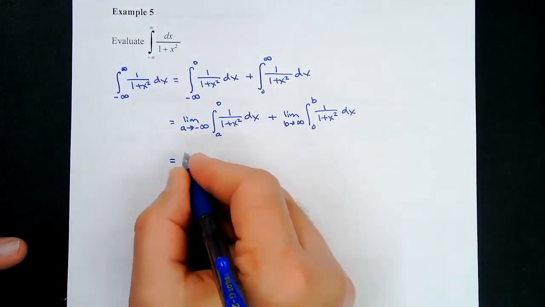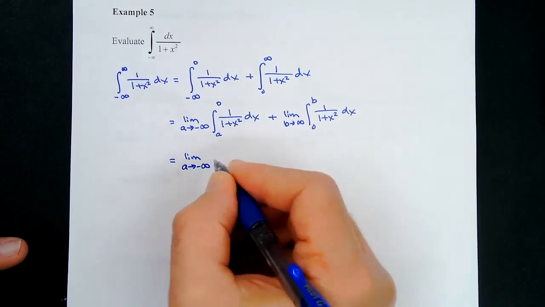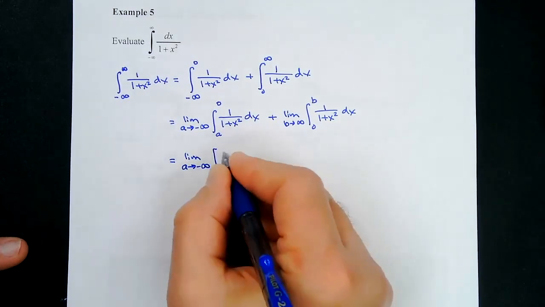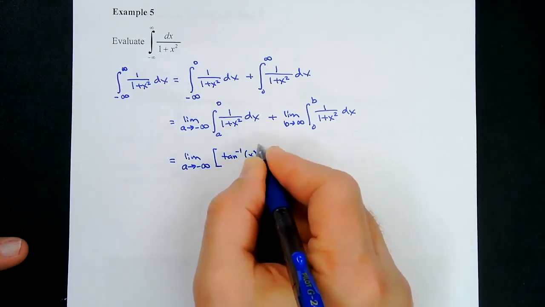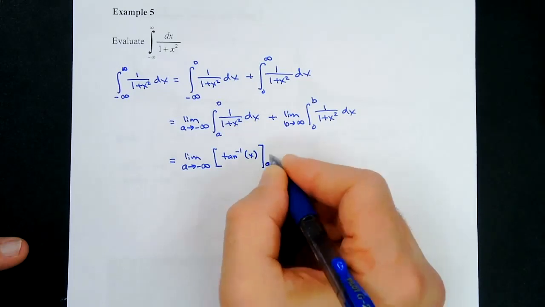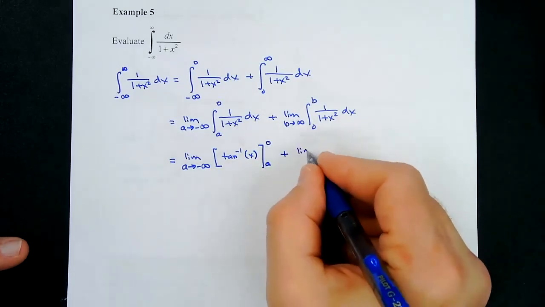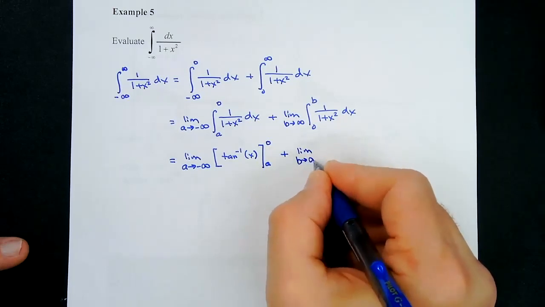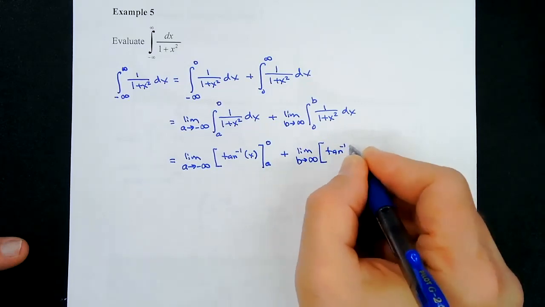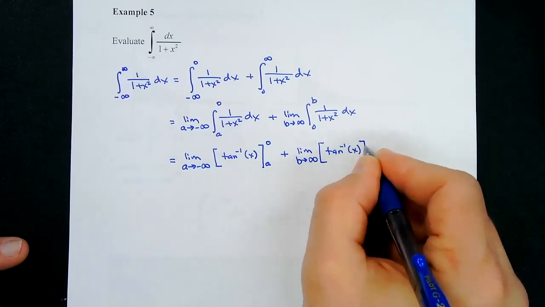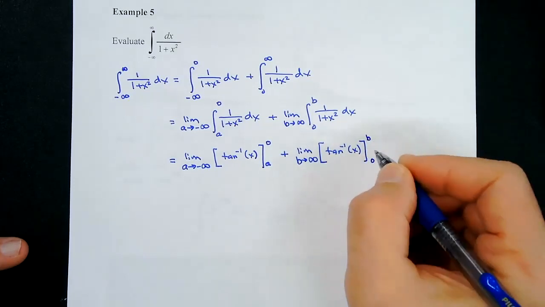So this is equal to the limit as a approaches negative infinity of tan inverse of x evaluated from a to 0, and then plus the limit as b approaches infinity of, this is also tan inverse of x, evaluated from 0 to b.